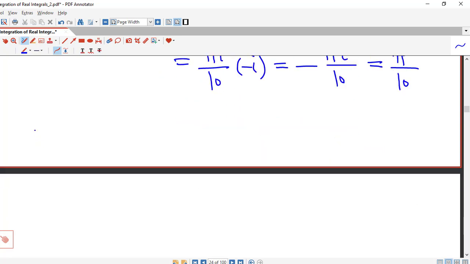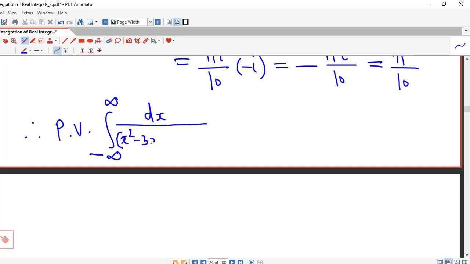Therefore the Cauchy principal value of the given improper integral, where we replace f(x) by the given function, 1 over (x squared minus 3x plus 2) times (x squared plus 1), is pi divided by 10.